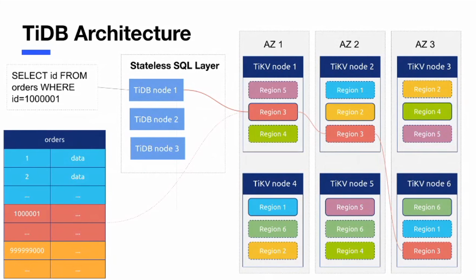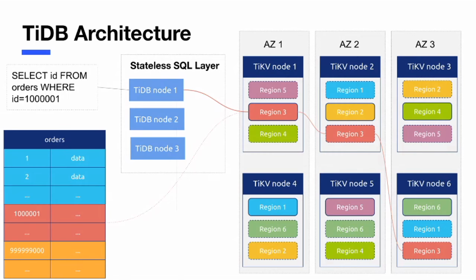So now we can look into the TiDB architecture a little bit more. So let's say we have a table called orders with like thousands of rows, and each row has an ID and a few columns. And then we might want to run an SQL query on this table.